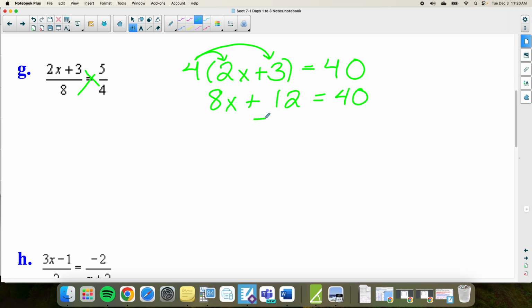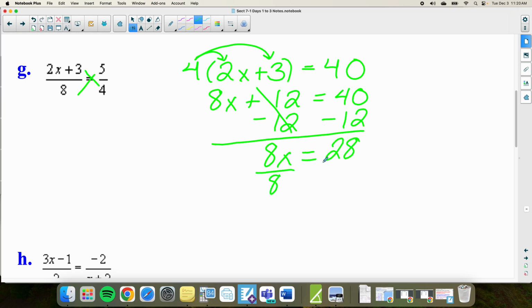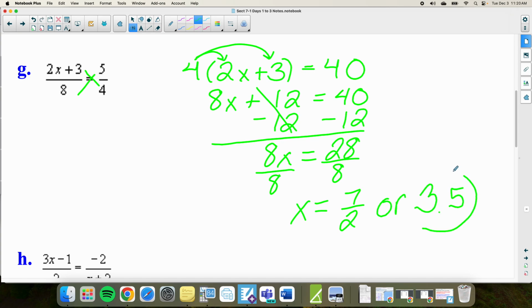Then I subtract 12, and I get 8x equals 28. Divide by 8, and you could reduce 28 over 8. That would reduce down to what, 7 halves? Or if you divided it out, it would be 3.5.